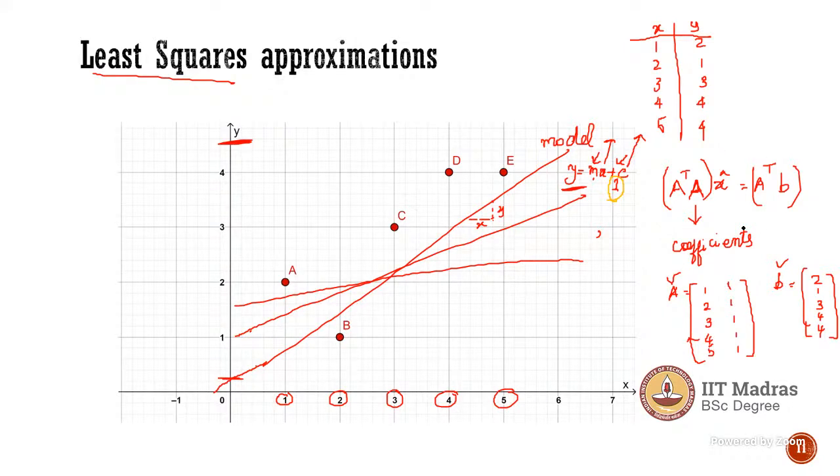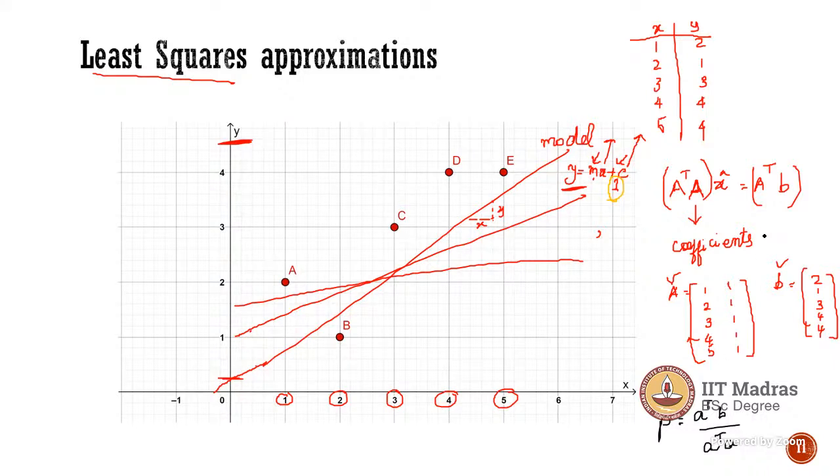See, that is from your projections, right? From the projection of the vector onto the column space. Do you remember that projection formula? What is your projection? Projection is A transpose B by A transpose A. You project a vector onto another vector.